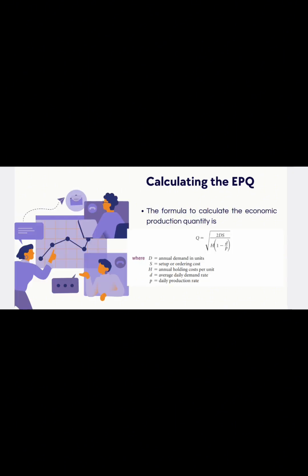Economic Production Quantity, or EPQ, is a model that allows for incremental product delivery.